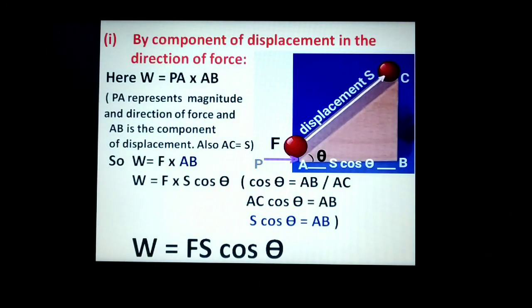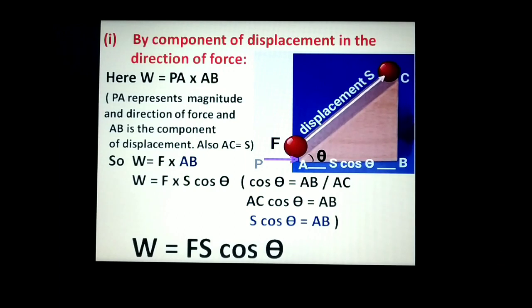Using the first method, by component of displacement in the direction of force, look at the figure. According to the figure, W is equal to PA into AB. Here PA represents the magnitude and direction of force, that is F, and AB is the component of displacement in the direction of force. The ball has actually moved from A to C, that is the displacement S.